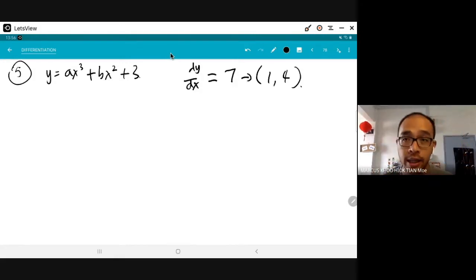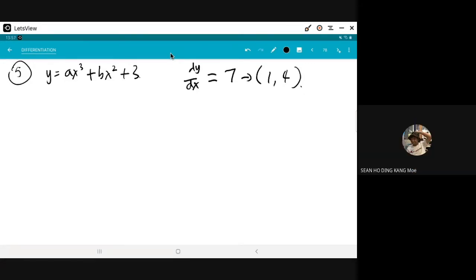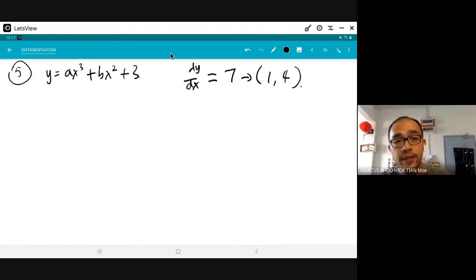No matter what, what is the first step you should be doing in this question? Dia akan suruh kita cari A dan B, I know. But tell me what is the thing that I must do first? Differentiate first. Okay, differentiate first lah, always.